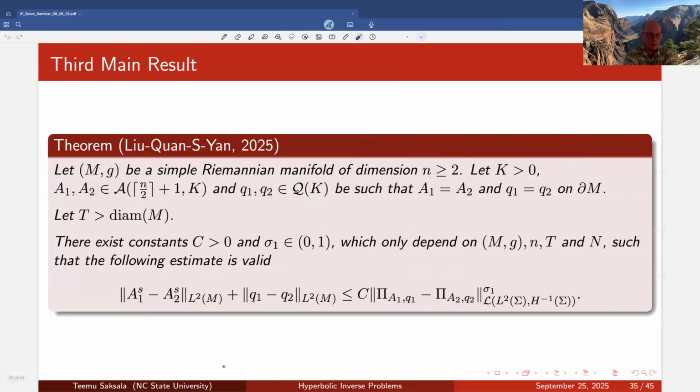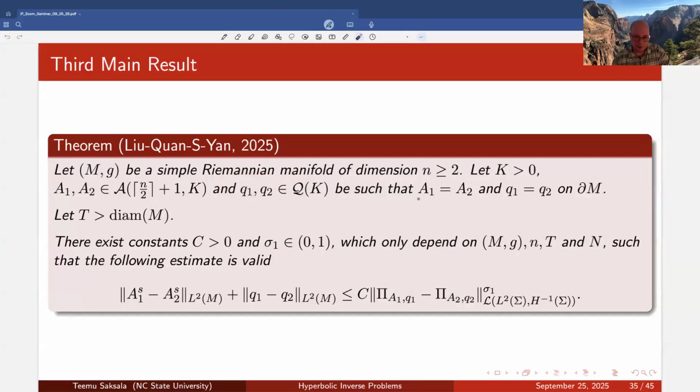What we obtained this summer with Boya Liu, Hadrian Quan, and Lili Yan is that if I look at simple Riemannian manifolds and assume that K is some large number, then for two magnetic potentials living in this class, we require this order of Sobolev regularity, this level of control in the Sobolev norm, in order to use Sobolev embedding and have continuity. Here we look at these Qs in the same set.